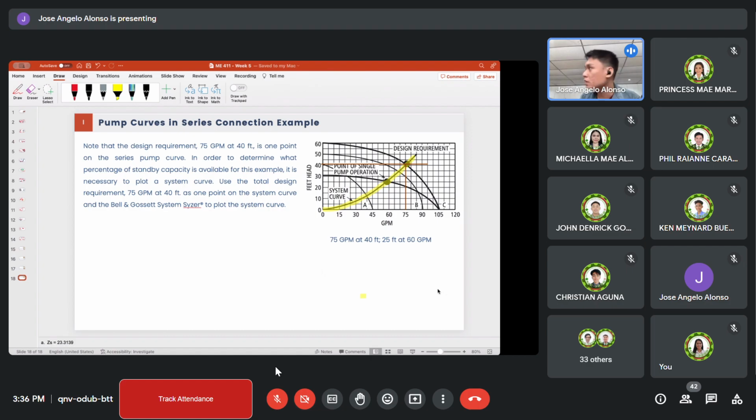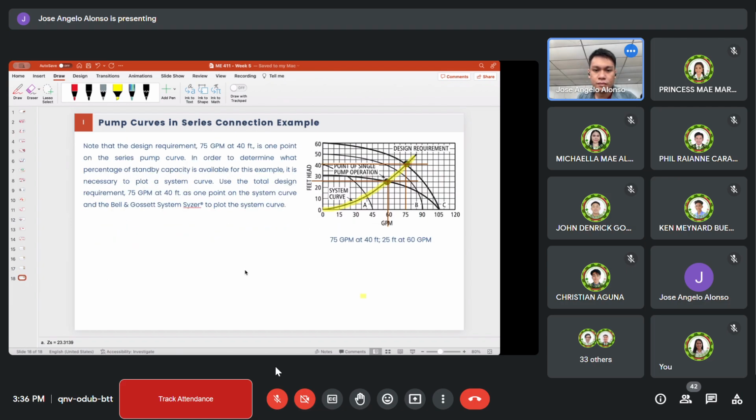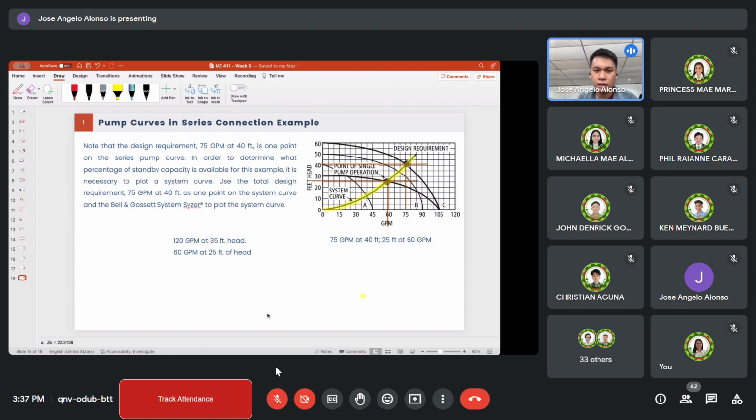However, kapag yung isang pump na naman is nasira or nag-fail, ang magiging bago operating condition natin is 60 gallons per minute at 25 feet of head. So yung initial condition, or initial requirement is 75 gallons at 40 feet of head.